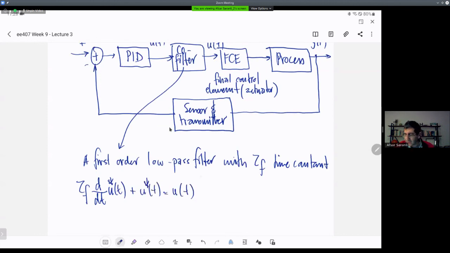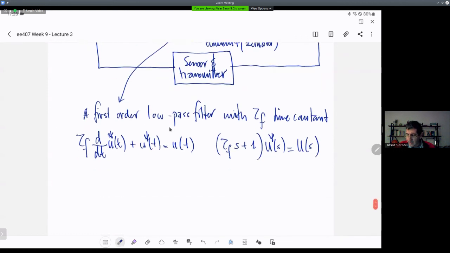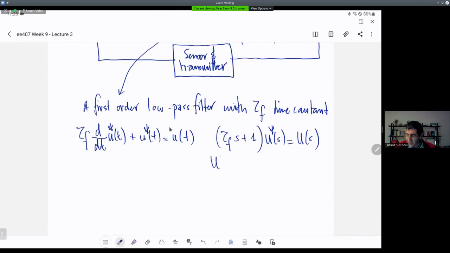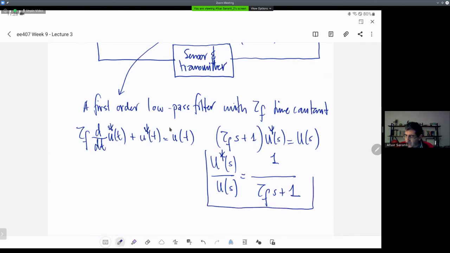And as a transfer function, (tau F s plus 1) u star of s is equal to u of s. So it's a very simple first order system with u star of s over u of s simply given by that first order transfer function. Okay? All right. So any questions so far?